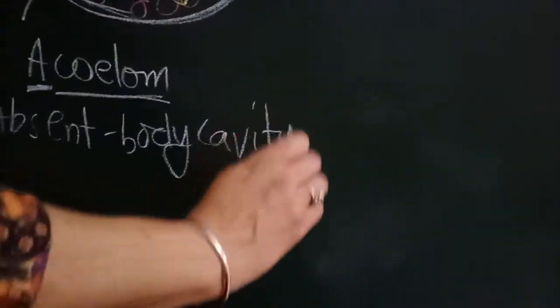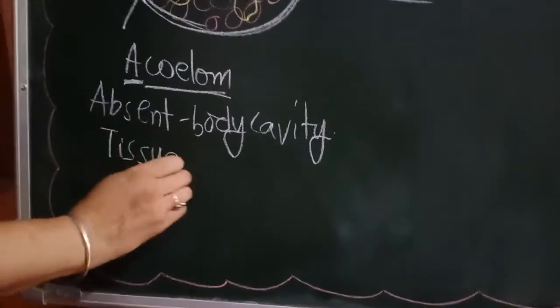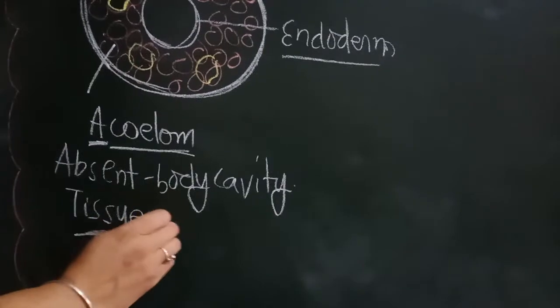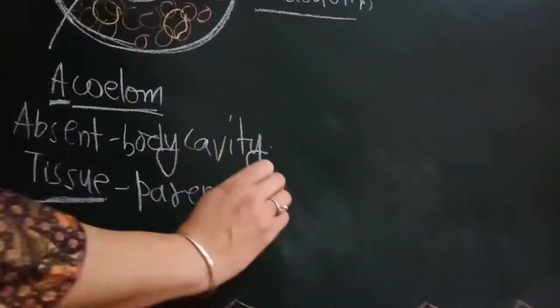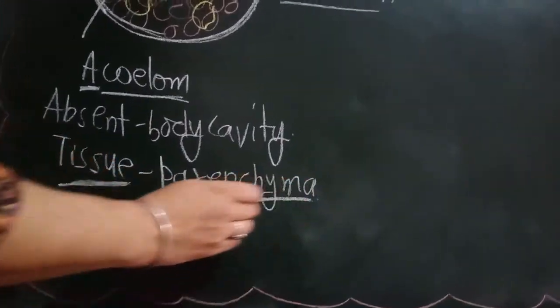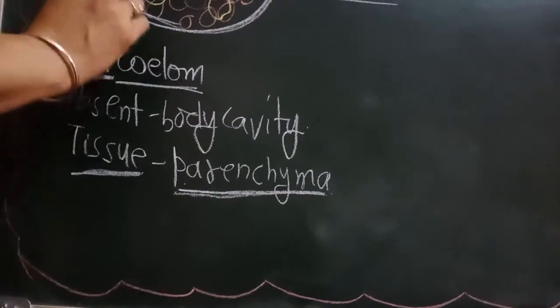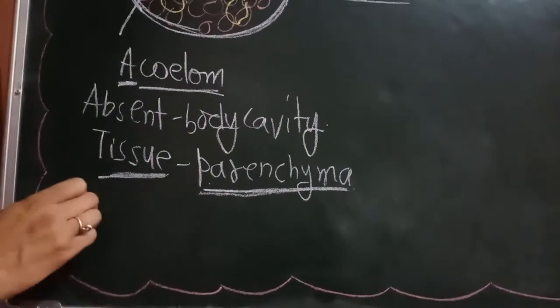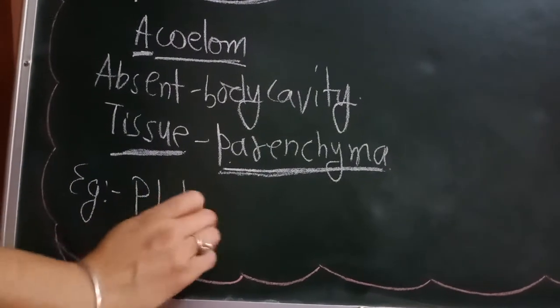It is filled with a special type of tissue, and that tissue gives the appearance of a plant-like tissue. So that tissue is called parenchyma. Parenchyma, or parenchymatous tissue, is the name given to this type of tissue. And the best example of this is shown by platyhelminths, flatworms.